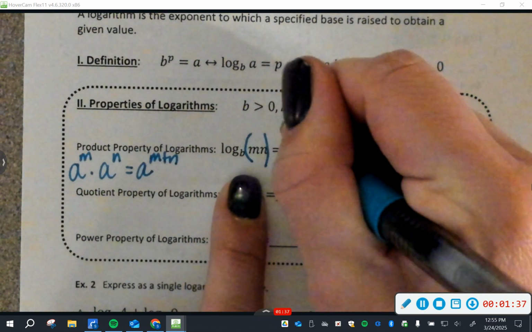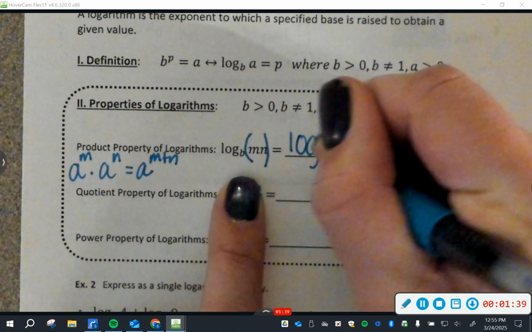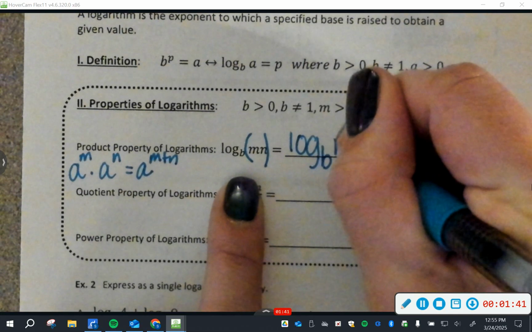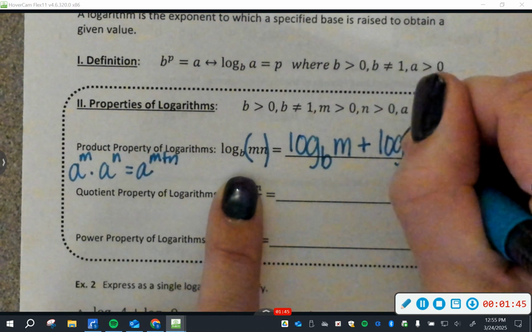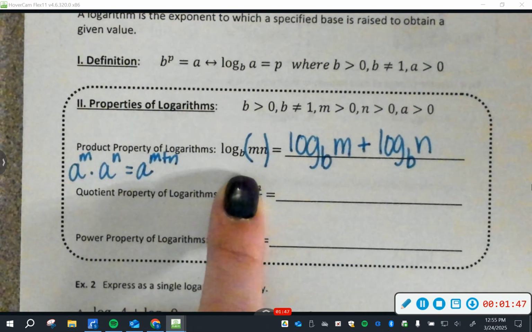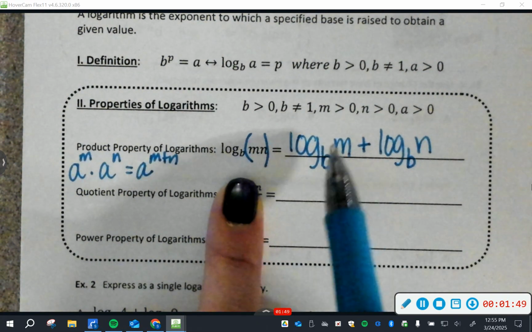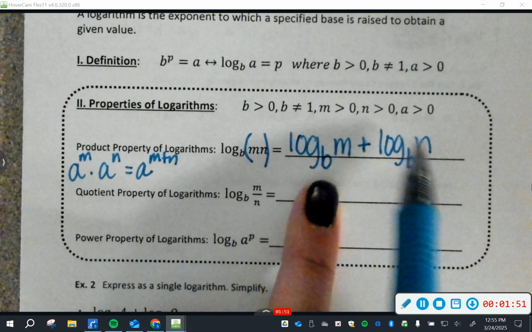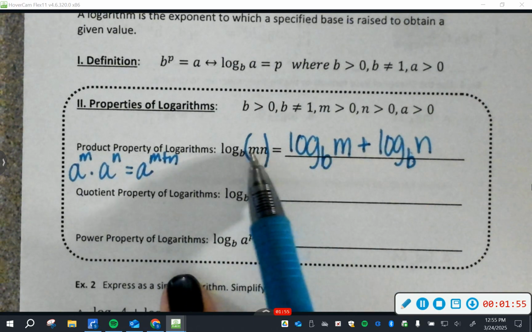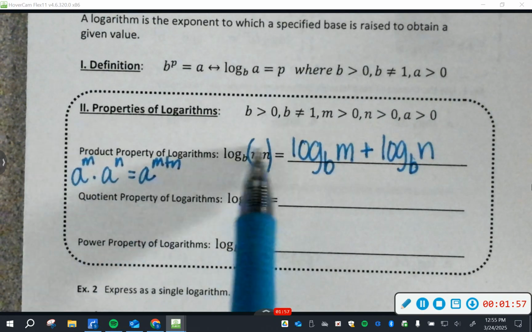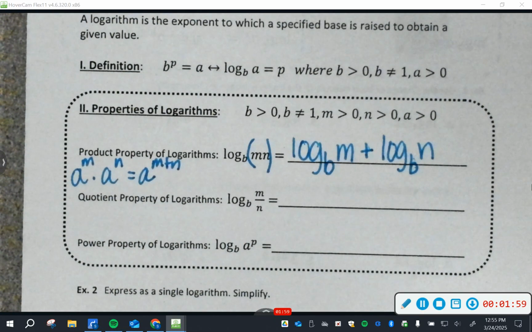So this equivalent statement would be log base b of m plus log base b of n. Because logs equal exponents, so this is like saying I'm adding the exponents whenever I'm multiplying the arguments. It's the same property written in terms of a log instead of an exponent. Okay?